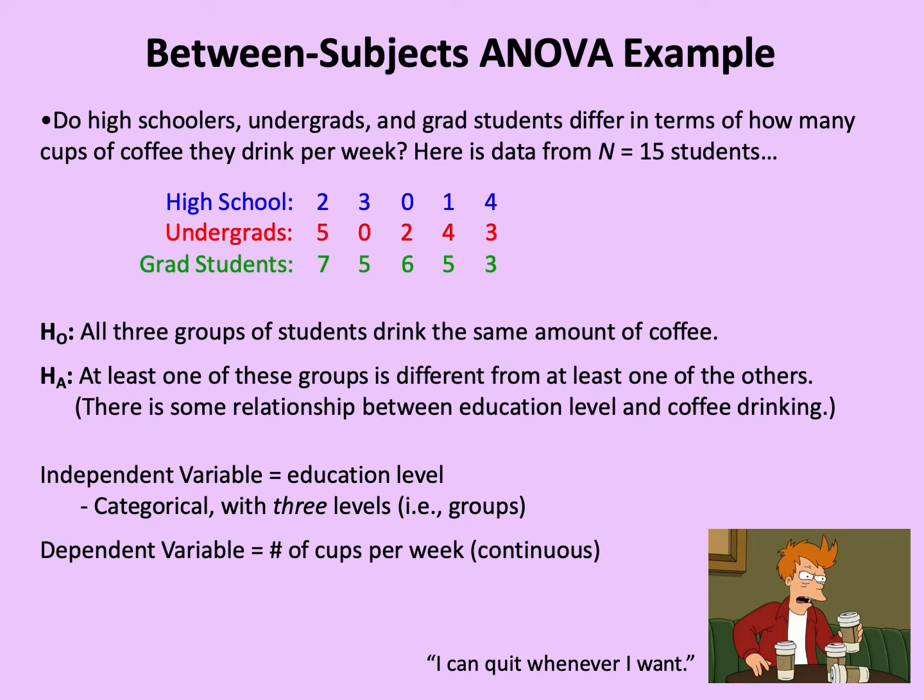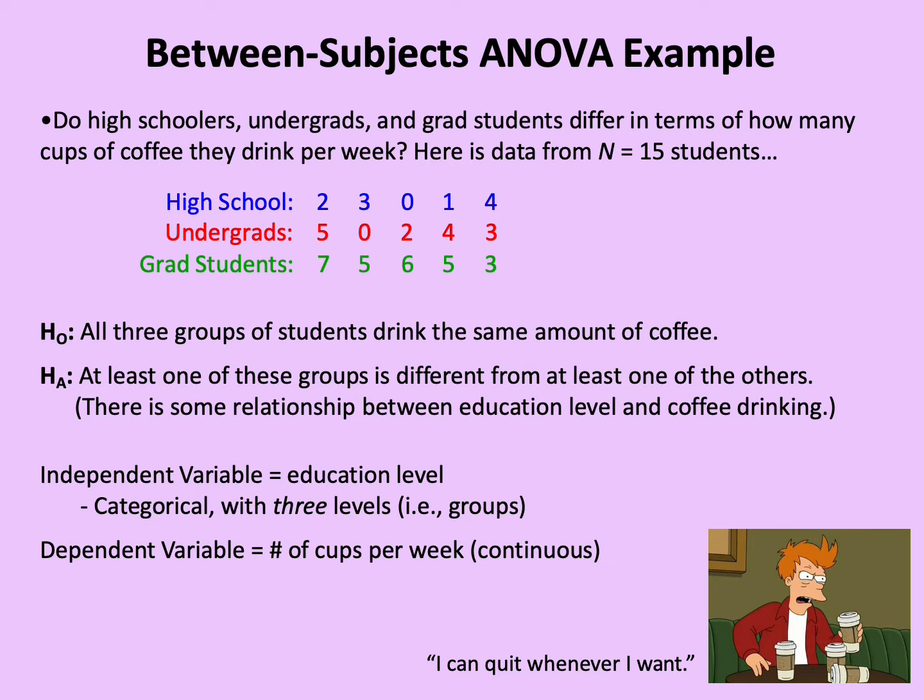Okay? And the first thing we always do whenever we conduct an inferential statistics test is we state the null hypothesis, abbreviated H sub O, and we state the alternative hypothesis or the researcher's hypothesis, abbreviated H sub A. Okay?